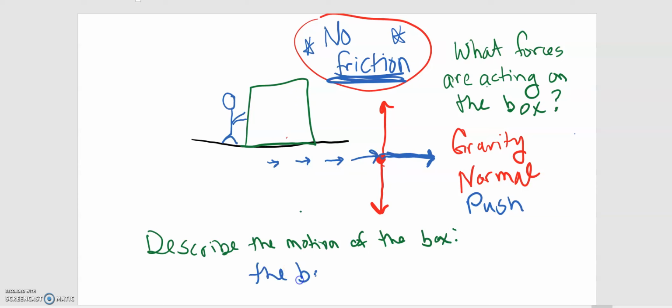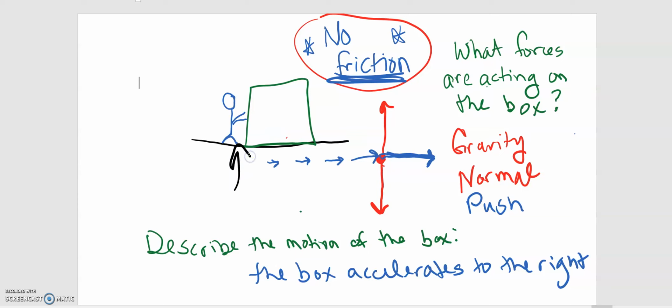So the box accelerates to the right. Okay? And that's because of this unbalanced force. Now, as far as Newton's laws that would be demonstrated with this, we would have the first law of motion, which states that an object in motion wants to stay in motion, or an object at rest wants to stay at rest unless acted on by an unbalanced force.